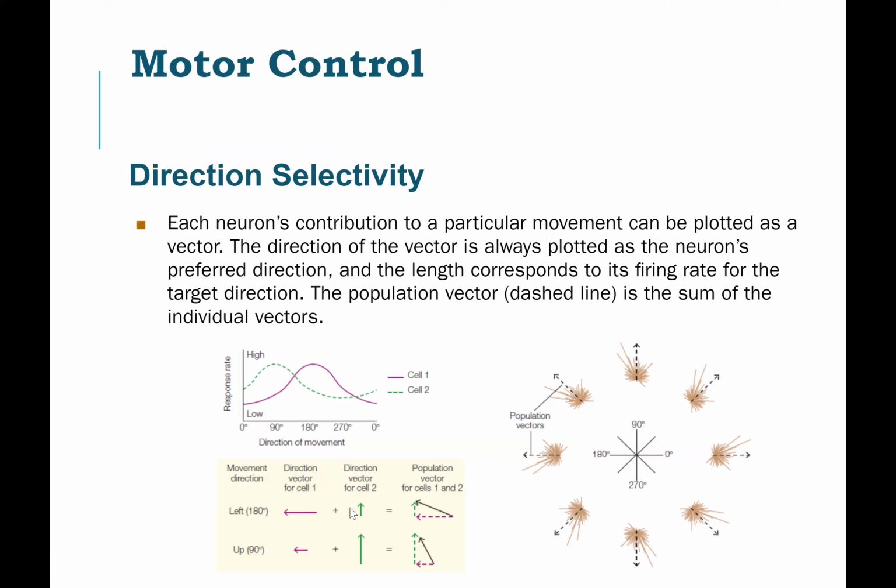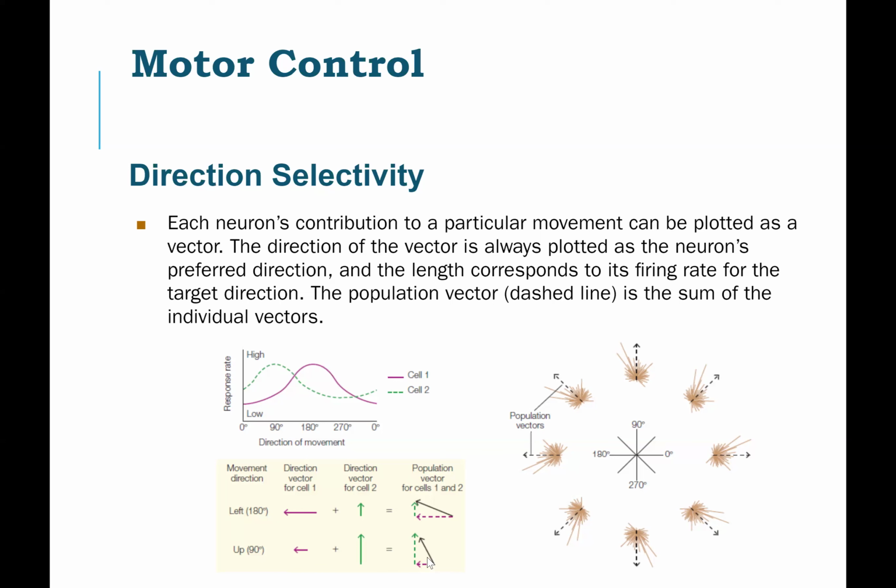If they're both active, then maybe you're coding for an up-leftward movement, right? But it also depends on how active each of them is. If this one is really active, the upward movement is going to have more firing rate behind it. And the leftward movement maybe doesn't have that much firing rate behind it.